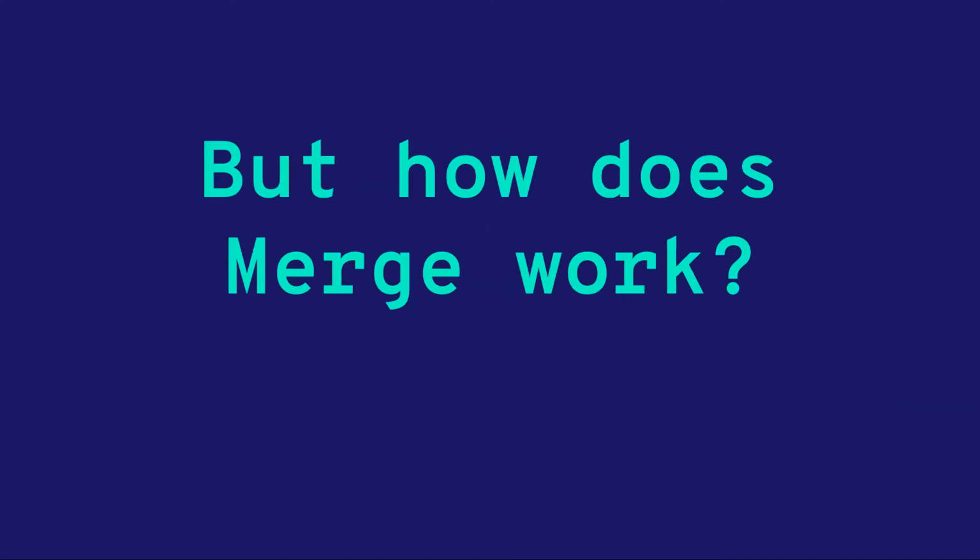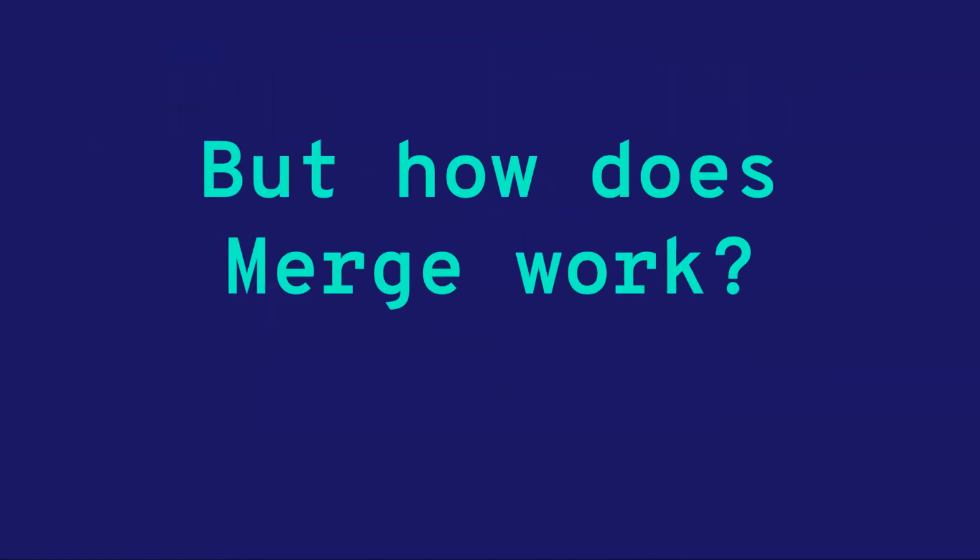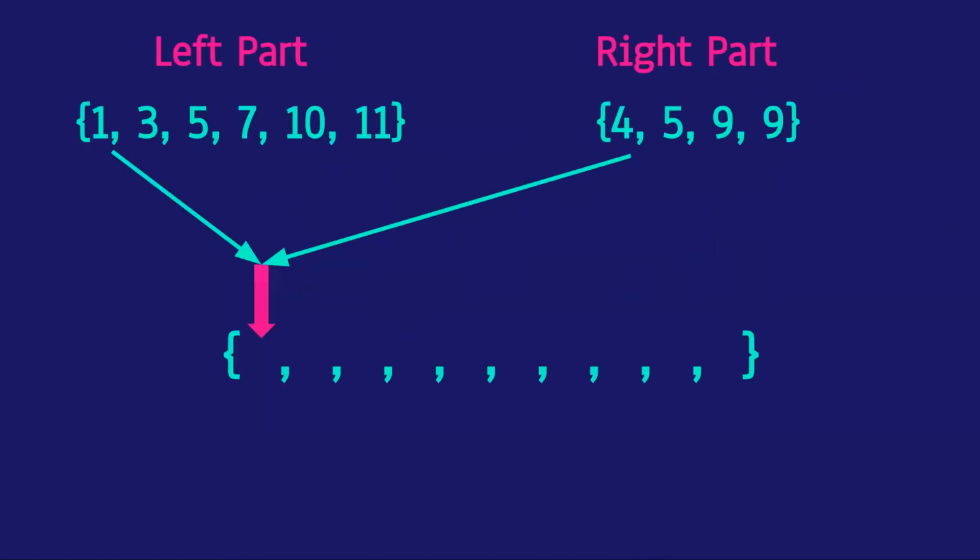Now I'm sure that your mind is begging this question, like you're talking about merge and all this, but how does merge work? So it's time to tackle this. I have an interesting example here for you. I have two arrays here.